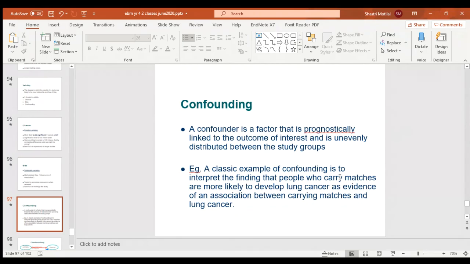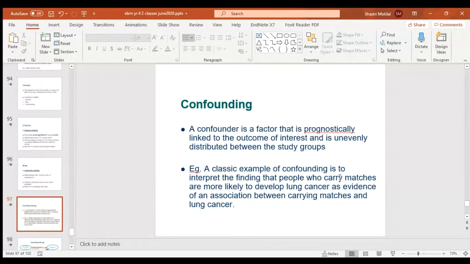We probably would find that the odds ratio is significant. Who knows? We might find a 5-times odds of association between walking around with a box of matches and lung cancer. But of course, you all know the box of matches is not what is causing the lung cancer.